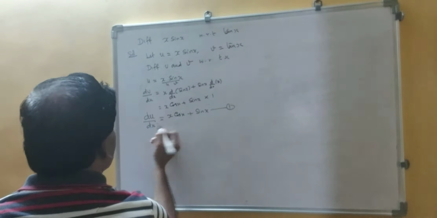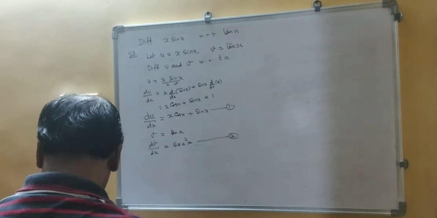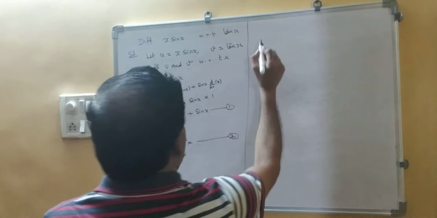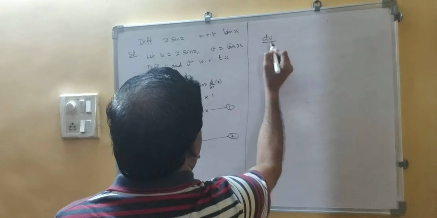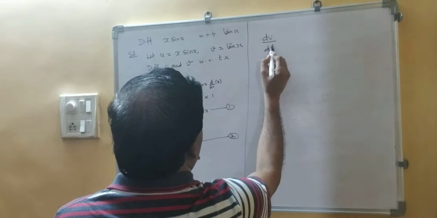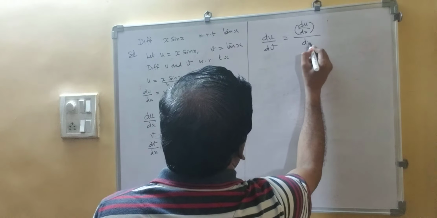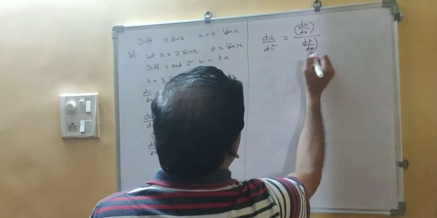Now what will we do? v equal to tan x. So dv upon dx equal to, what is the derivative of tan x? Sec square x. So now what we have to do is, we want du by dv equal to du by dx upon dv by dx.